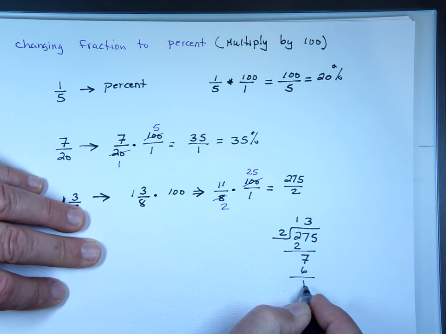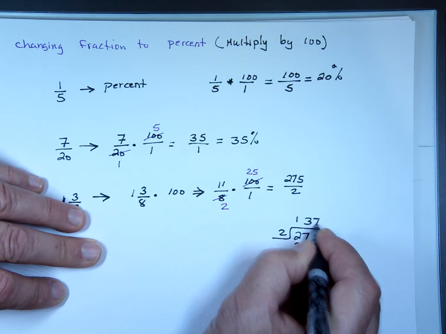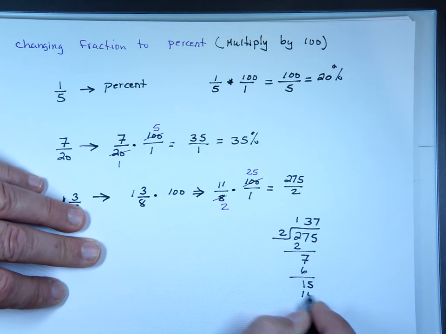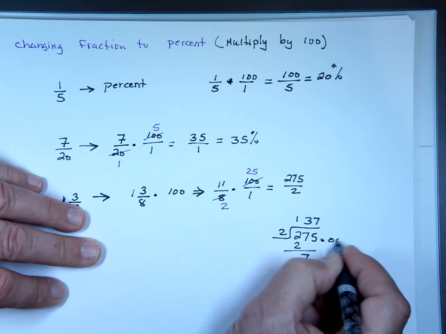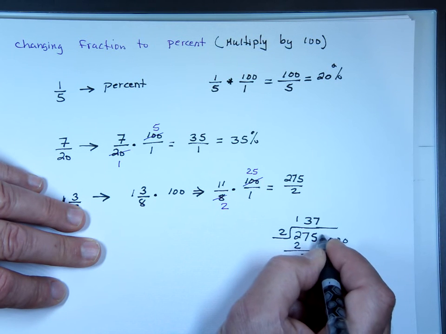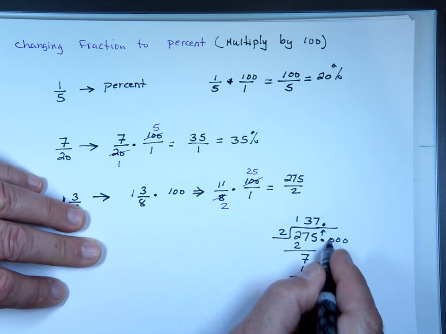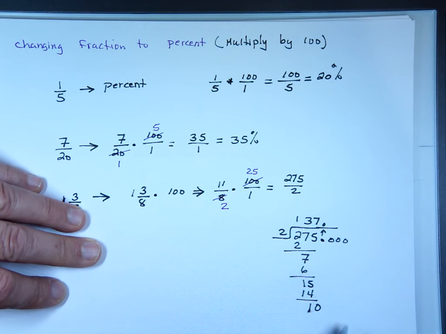Bring the 5 here. 15 by 2, 7. 7 times 2, which is what? 14. Remainder is 1. Remember, there's a decimal point here if you need it, and lots of zeros, right? Bring that 0 down. 10 divided by 2. 5. 5 times 2, 10, and you're done.